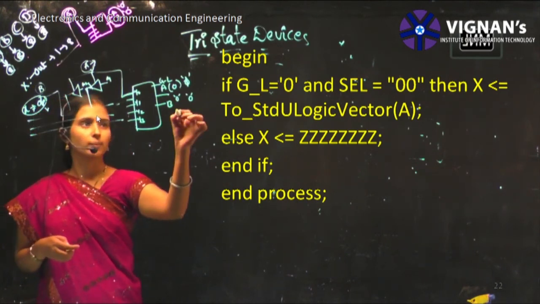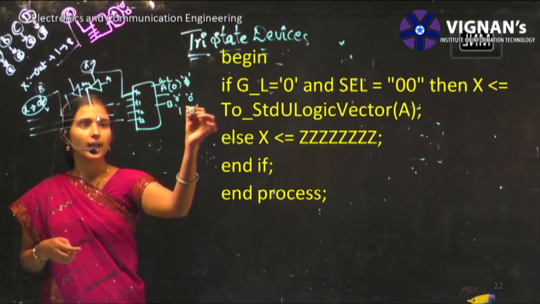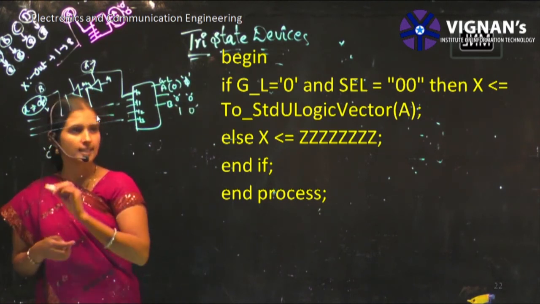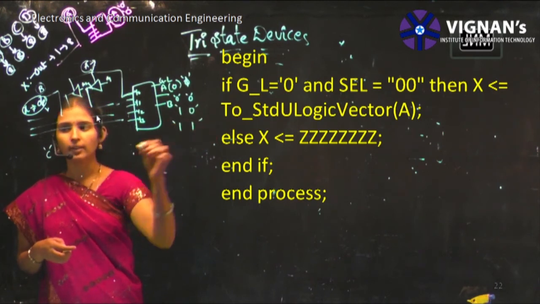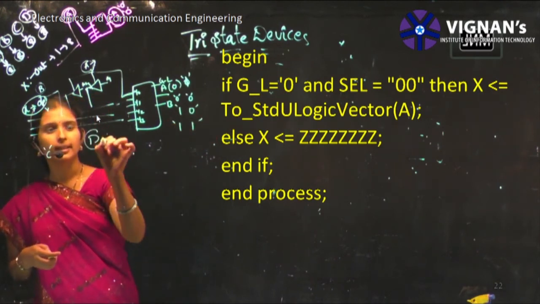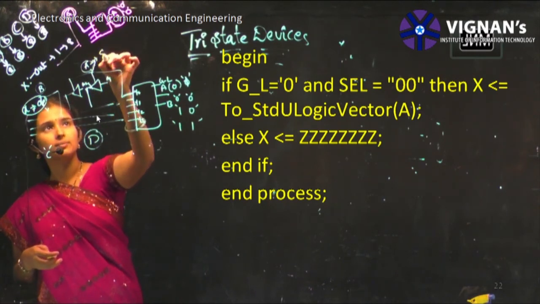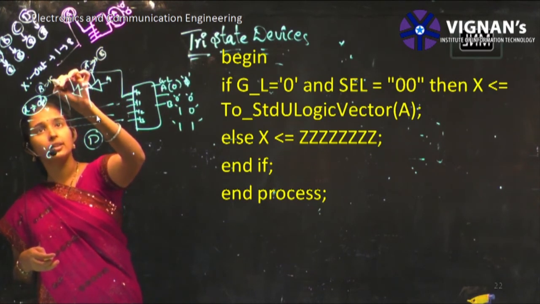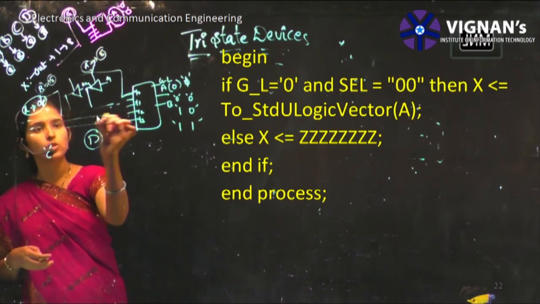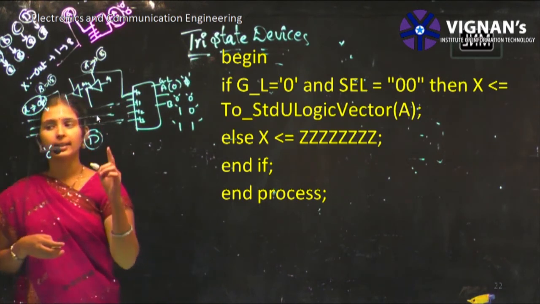Similarly, with 1 0, bus C is selected. If it is 1 1, D is selected. So the 4 data buses, each of 8-bit length, will be accessed by this common bus only one at a time.